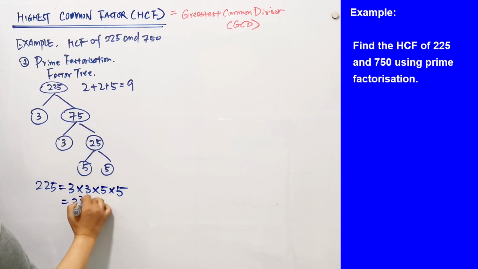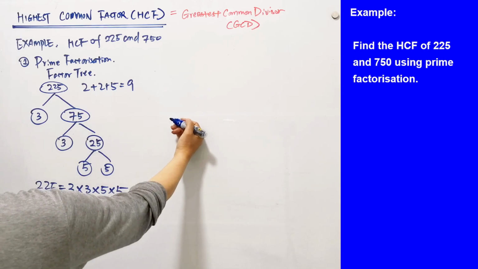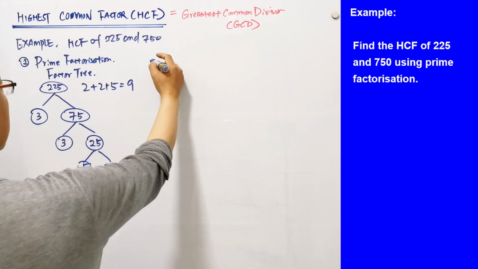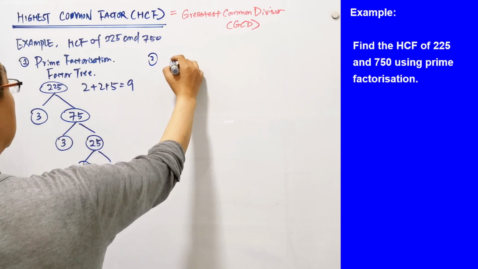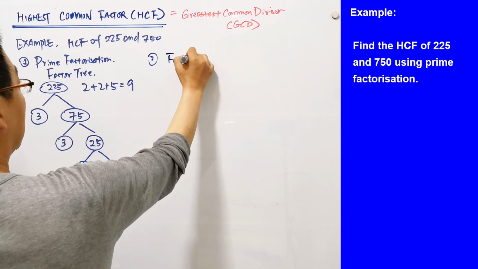So we get 3 squared times 5 squared, right? Okay, let's continue with the other one, the second one. Same thing, factor 3.